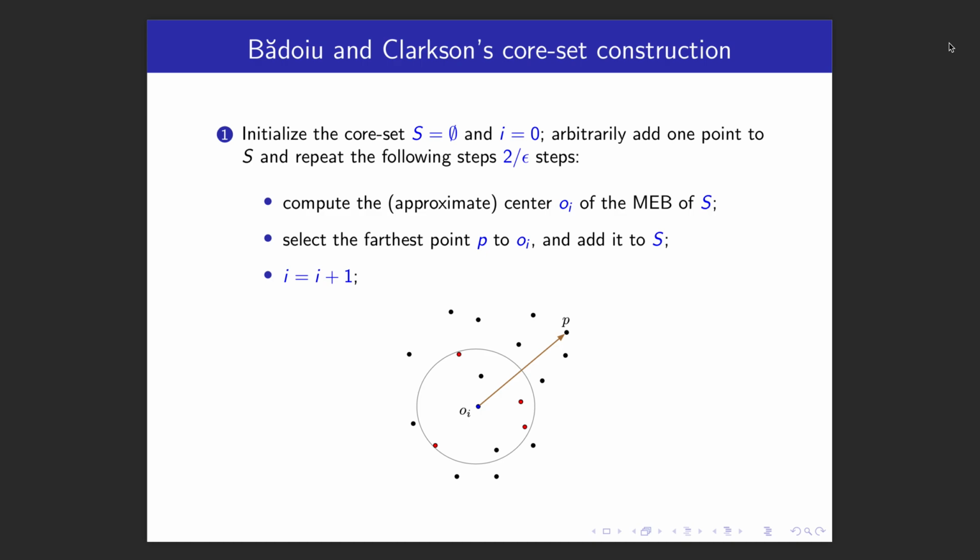So eventually, after running 2 over epsilon steps, we can build the coreset, and also we can obtain the 1 plus epsilon approximate center for the whole input.